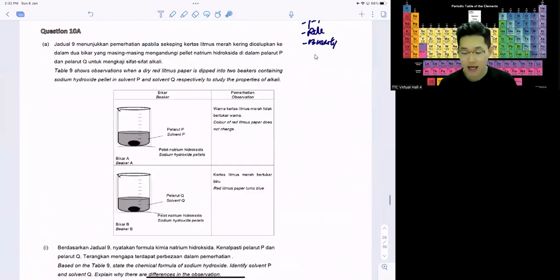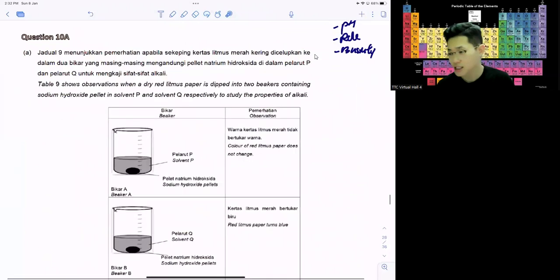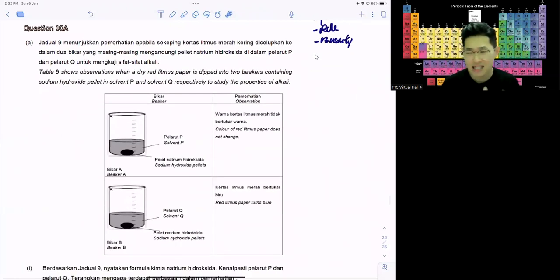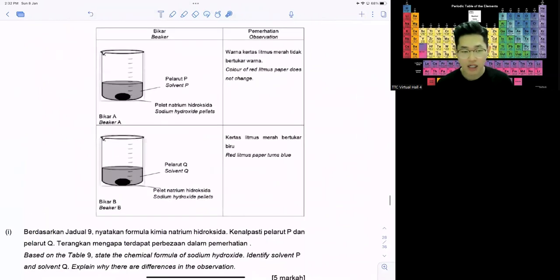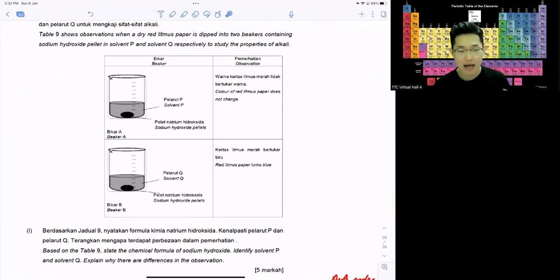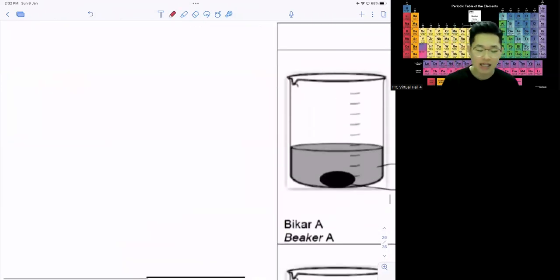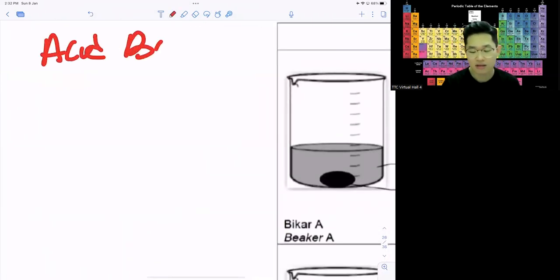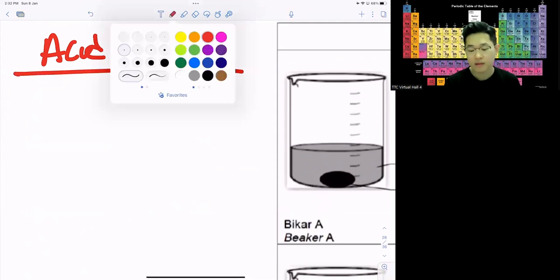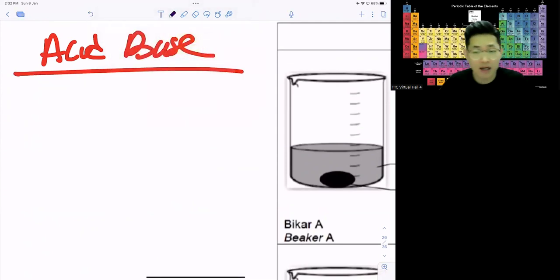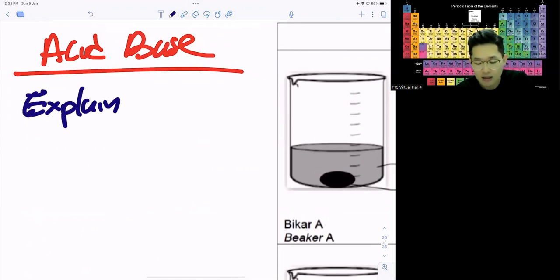Okay, read yourself. Then here, question 10 is about acid and salt, I think. So one of the question is about role of water. Okay, let me explain something. For acid and base, normally they have these few types of questions. What for explanation question, got 3.